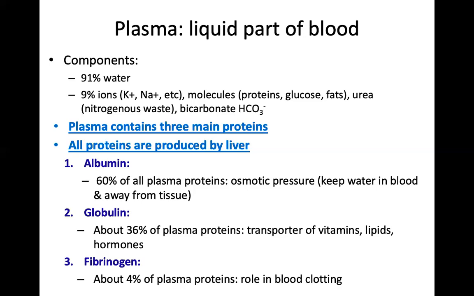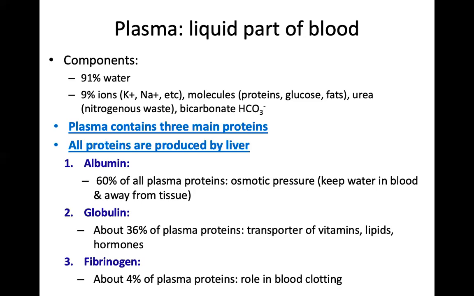So if you have normal levels of albumin in your blood, that means that the water is going to be attracted to that albumin and it's going to stay inside your blood vessels. However, individuals that may have liver disease may see a decrease in the amount of albumin their body will be producing.